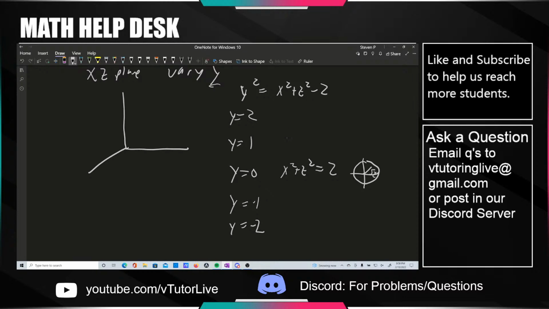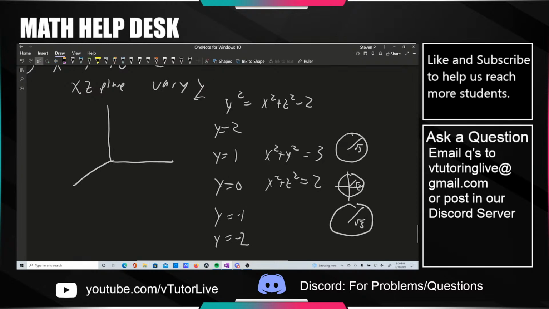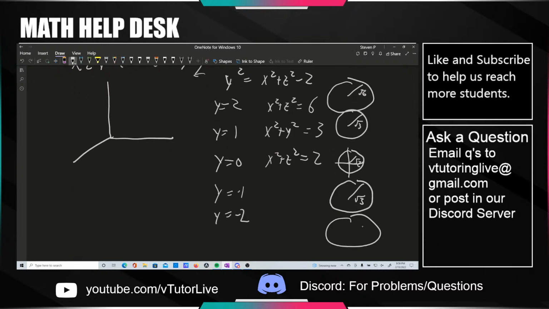If y is equal to 1, then this is equal to 3, so this is a circle of radius root 3. I'll draw it similarly down here, just a slightly bigger circle than the middle one. This pattern keeps going: if y is equal to 2, then x squared plus z squared is equal to 6, so it's a larger circle of radius root 6.